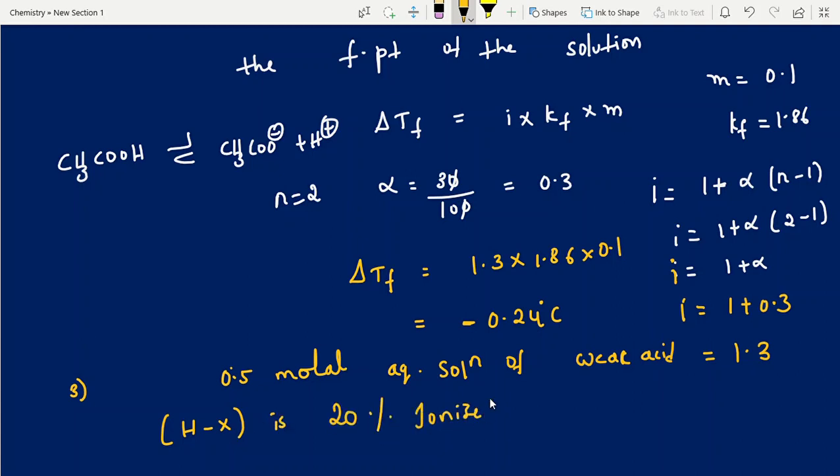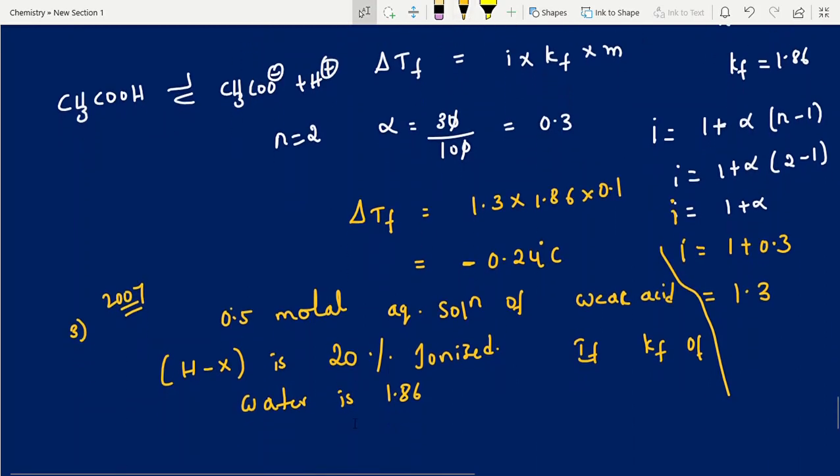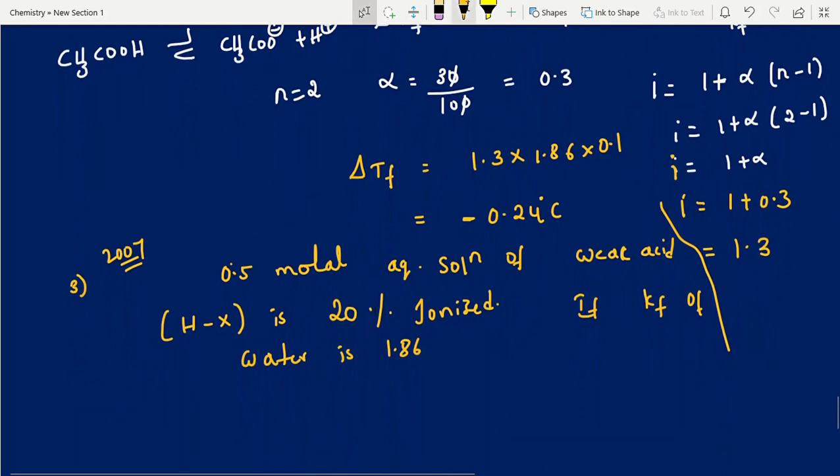Here also ionization. If Kf of water is 1.86, this is a 2007 question. Kf 1.86 Kelvin kilogram per mole. Units are also important.